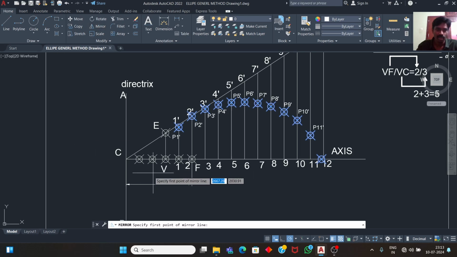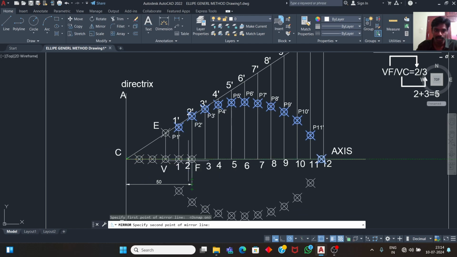Click on mirror and we need to select 2 points, the first point and second point. Turn on all the object snaps and click on this point and this 12th point. It is asking you to erase the source object. Always say no.